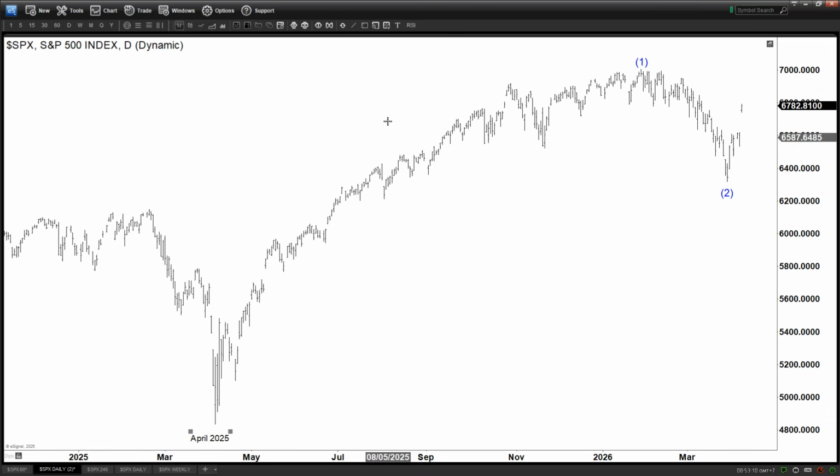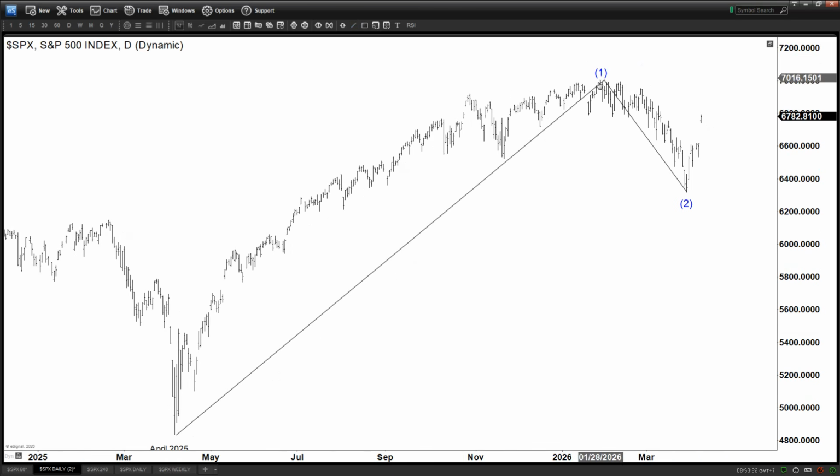This rally ended right here in late January, and then we finished the correction in late March. Now we're starting the next leg up. We still need to break above that previous peak to confirm this is really in place, and we're not going to be doing yet a bigger double correction WXY like so.